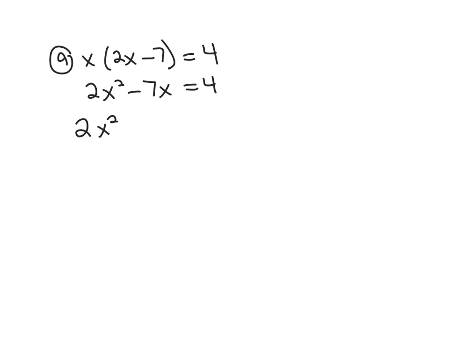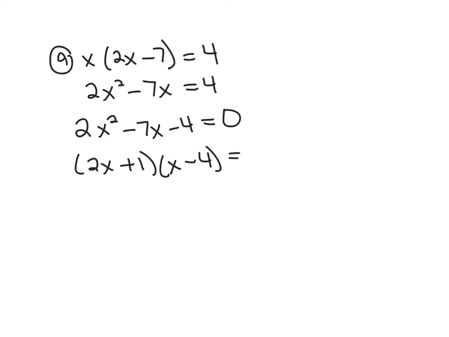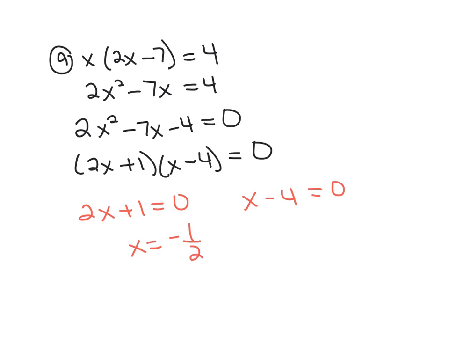So 2x squared minus 7x minus 4. Then you need to factor: 2x plus 1, x minus 4. Now we're finally ready to solve. Okay, so x equals negative 1/2, x equals 4.